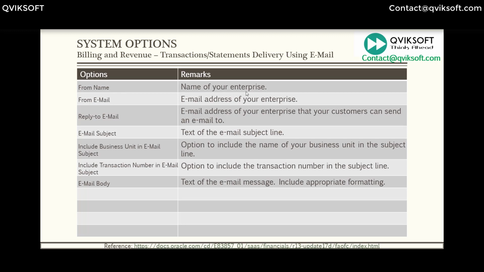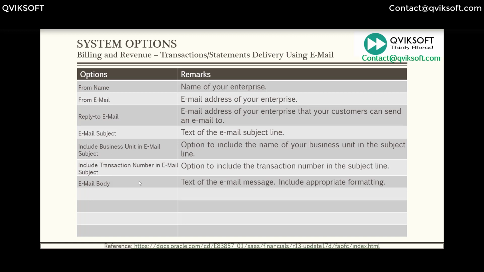If you want to deliver invoices and statements to your customer via email, you can configure this in the system option: the from name, which is your enterprise name, the from email which the system should show, and the reply-to email where the customer should reply if they have to. Then the subject of the email: do you want to show a business unit in the subject? If you want, it will show that.